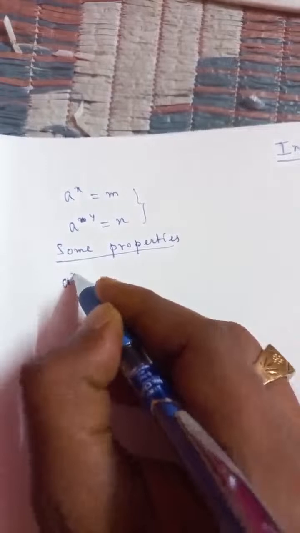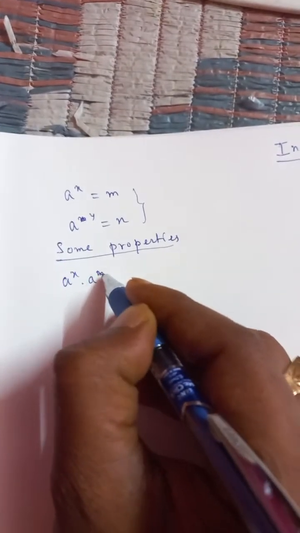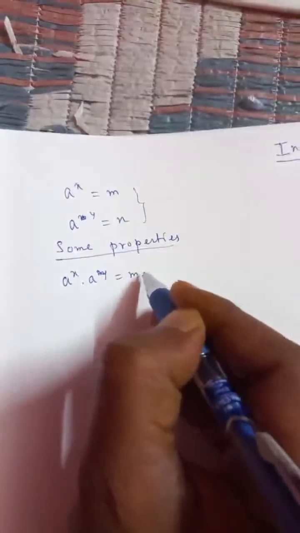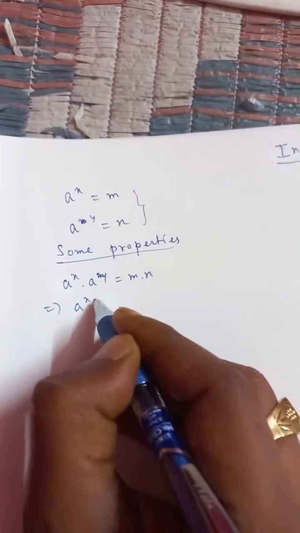a to the power x multiplied by a to the power y equal to n multiplied by m. So it will be a to the power x plus y.